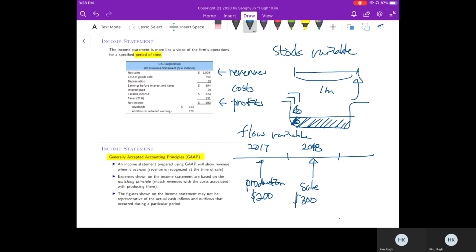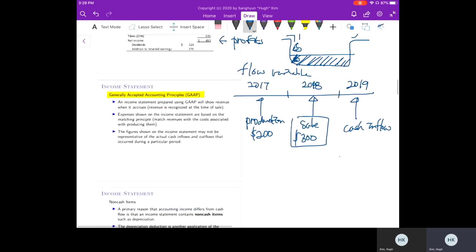for $300, but the sale is made on credit. Then a few months later, sometime in 2019, you receive the payment on the sale. So there's a cash inflow. So even if the cash inflow takes place in 2019, you must recognize the sale, the revenue, at the time when the sale was made.